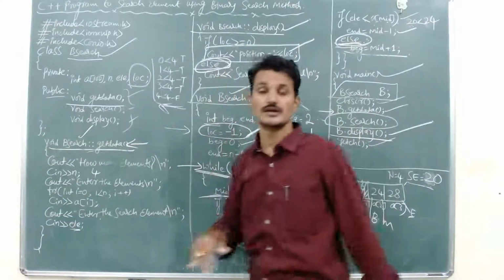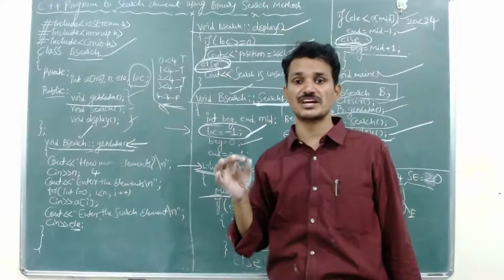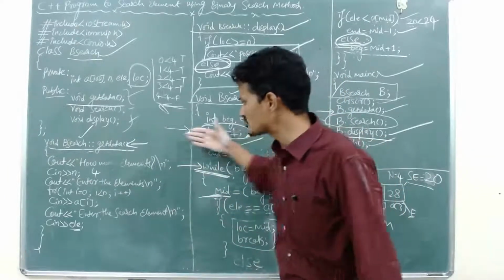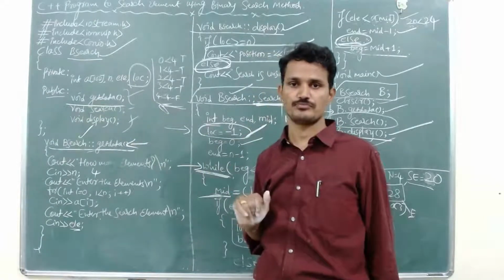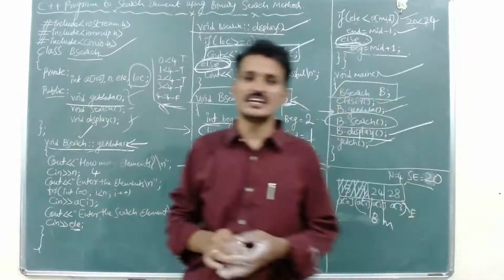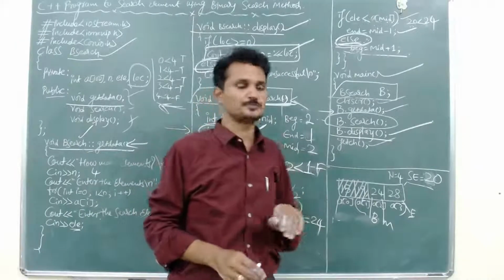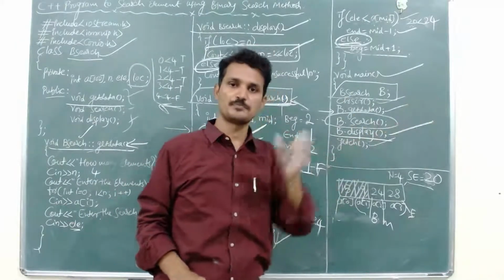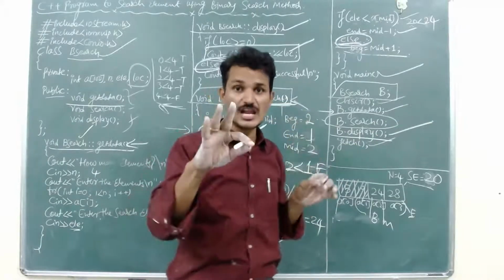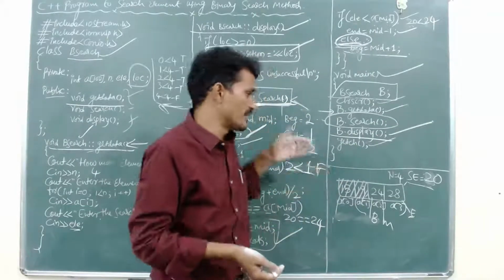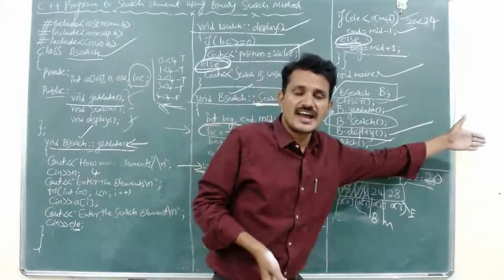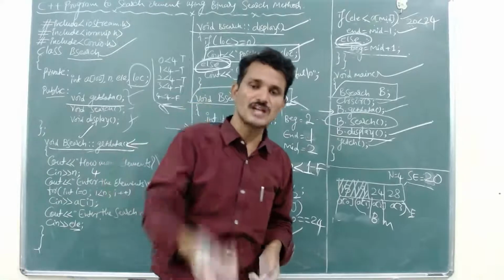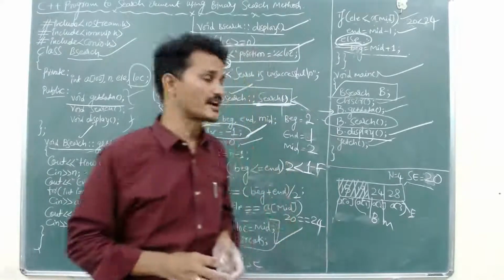If the searching element is greater than the middle element, we need to traverse towards the right half of the array.